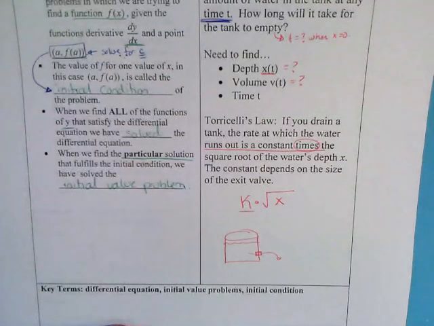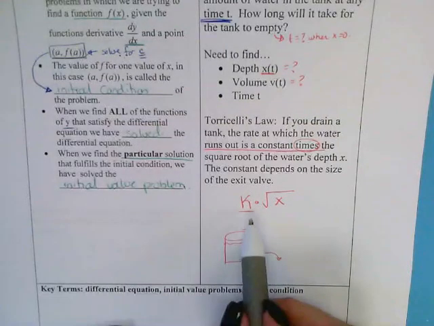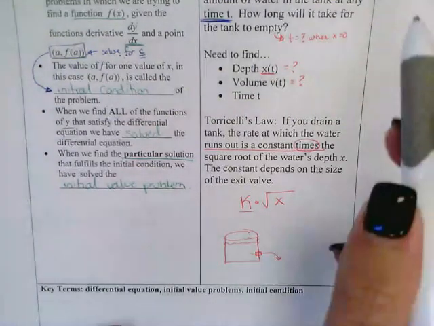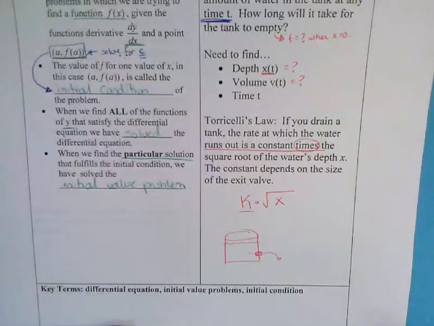Now we already have our constant in this problem. It's 0.5. Torricelli's law specifically deals with this type of problem. It's a problem about draining a tank depending on the size of the valve, and they tell us the size of the valve here is 0.5.